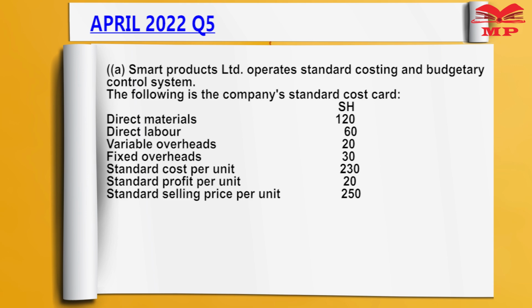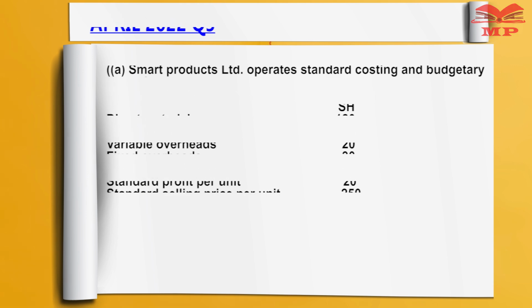Smart Products Limited operates a standard costing and budgetary control system. The following is the company's standard cost card. In that standard cost card, we have direct materials, direct labor, variable overheads, fixed overheads, standard cost per unit, standard profit per unit, and standard sale price per unit, which is given in that table.